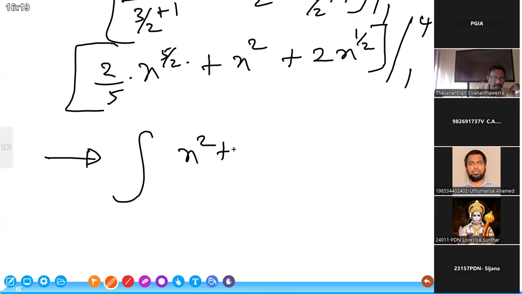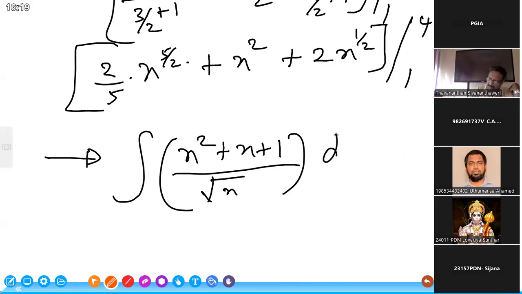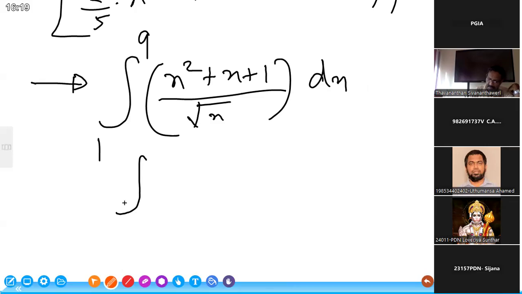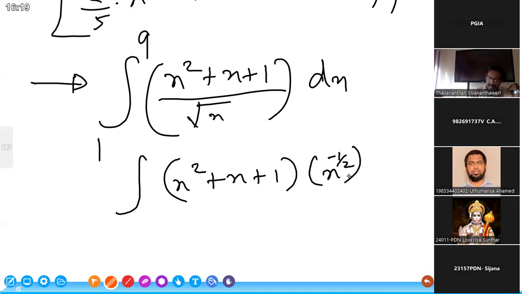The integral of x squared plus x plus 1, whole thing divided by square root of x, dx from 1 to 9. This is the same as first integrating x squared plus x plus 1, whole thing multiplied by x to the power minus half, dx from 1 to 9.